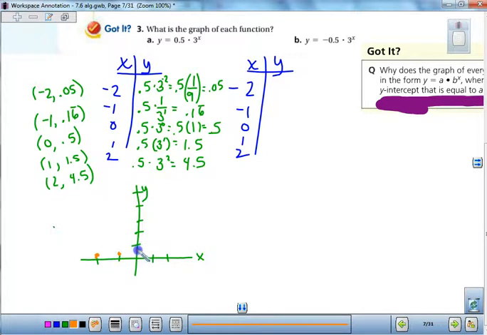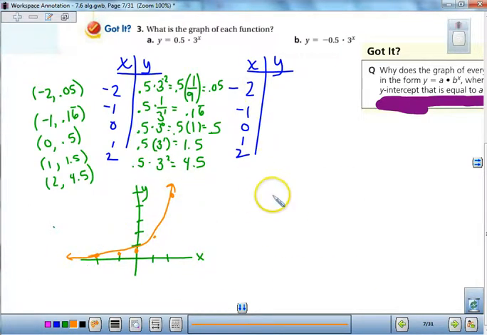Again, here we have a half as our y-intercept, 1.5, and then we're at 4.5. So the graph should curve upward, but it never touches the y-axis and just gets closer and closer to the x-axis, but never touches it.